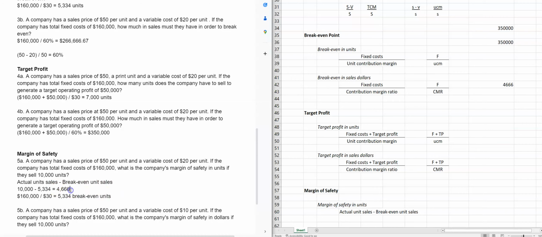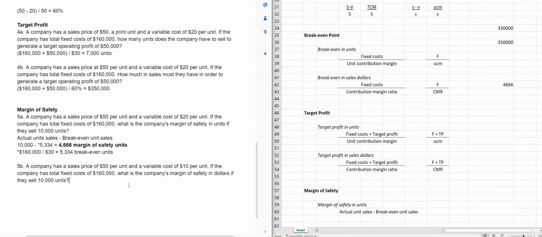That's not in dollars, that's units. Let me bold it because that's our answer. So essentially, we are 4,666 units above our break-even point. Depending on your company, you might feel fairly safe. We really would have to dig into how well that company does on a regular basis.